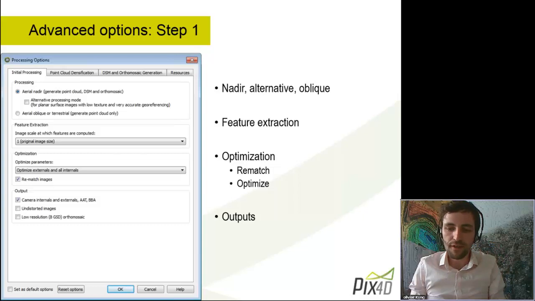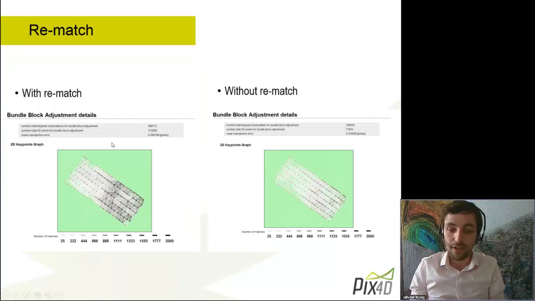So for very specific types of cameras and images, basically when you have a very slow rolling shutter camera, we would recommend to not optimize all internals, but only the leading internals. The other option you have there is called rematch images. For this, I have an example there.